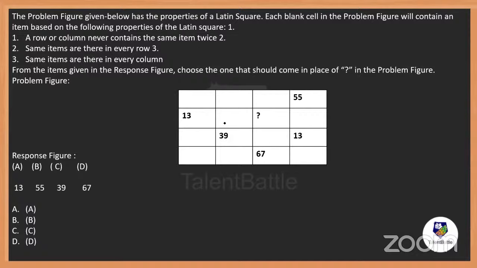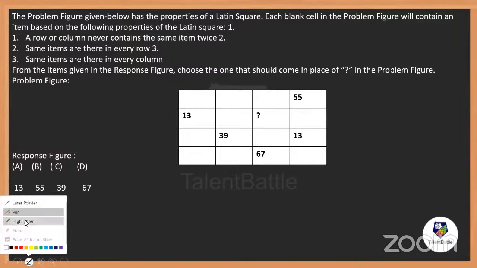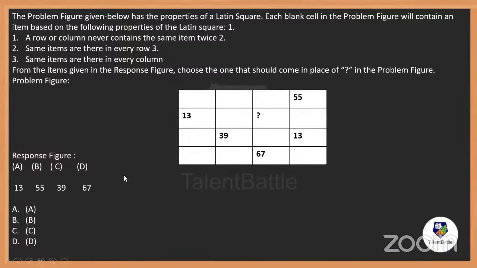It should not be repeated. First, eliminate what all are possible. So the numbers are 13, 39, 67 and 55.